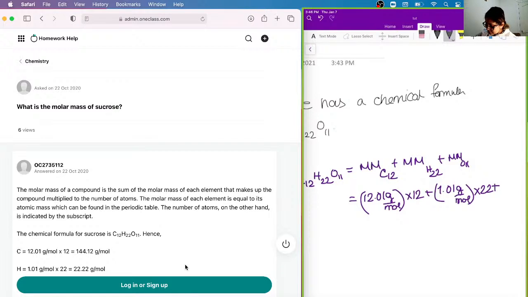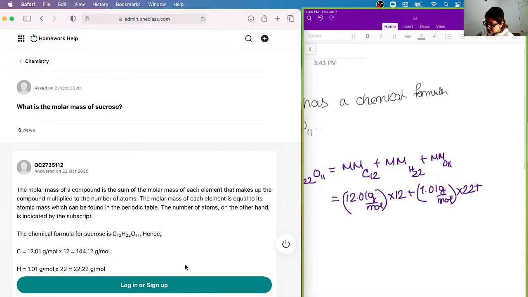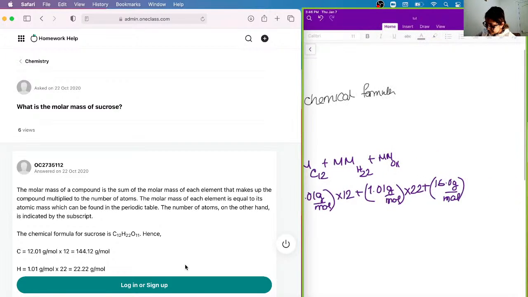You add this with the last one, which is oxygen. One oxygen atom has a molar mass of 16.0 grams per mole, and we have 11 in this case, so we would multiply this by 11.